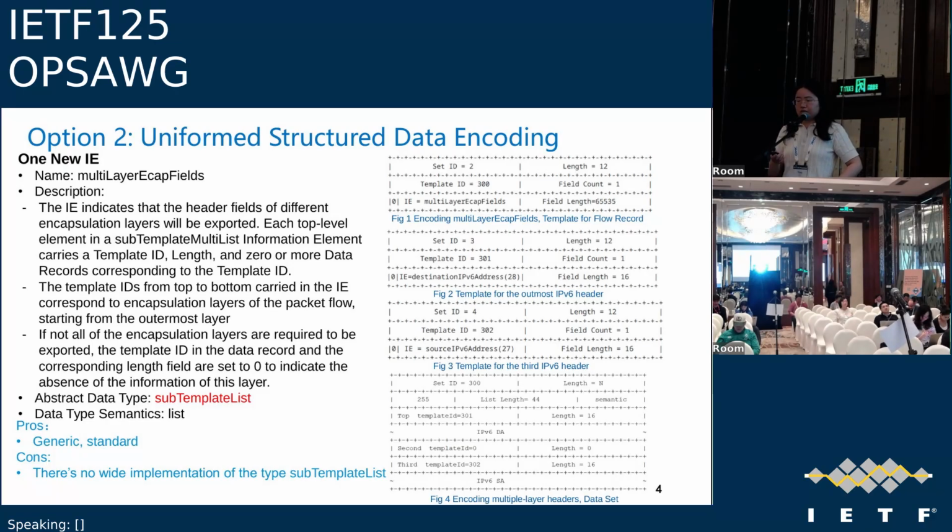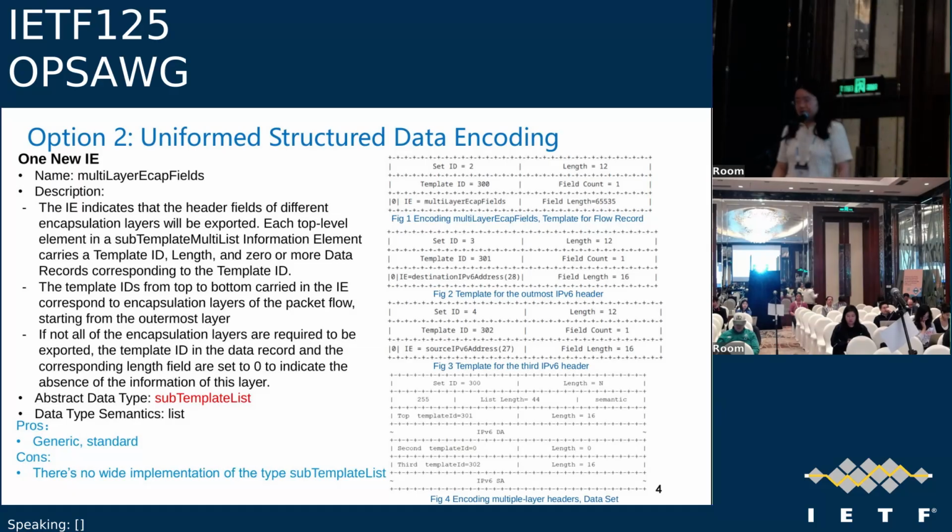The right part is an example. First you need a template for this new information element. Then for an IP in IP packet, if you only want to export the outermost IPv6 header and the 3rd IPv6 header, you need a template for the outer header and a template for the 3rd header.